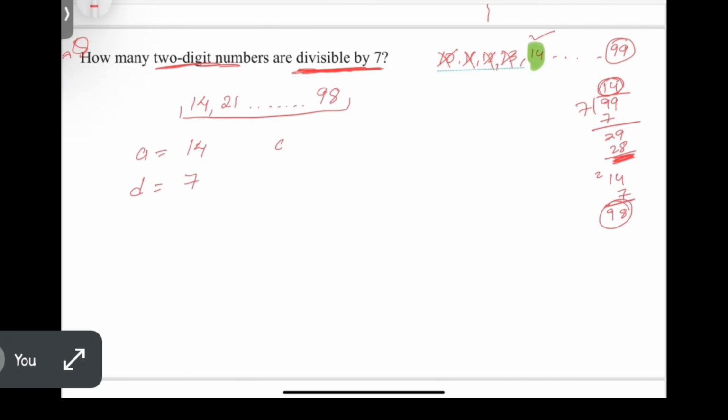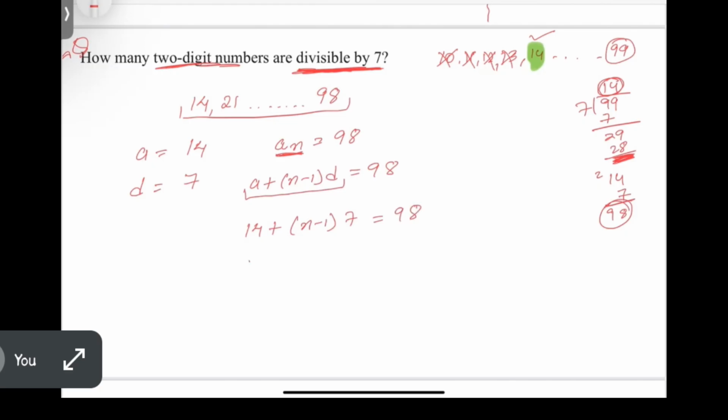We have a formula. an is given as 98. And the an formula was a plus n minus 1 into d equal to 98. In place of an, I'm writing the formula of an, which is a plus n minus 1 into d here. So what is a here? a is 14 plus, what is d here? d is 7, equal to 98.